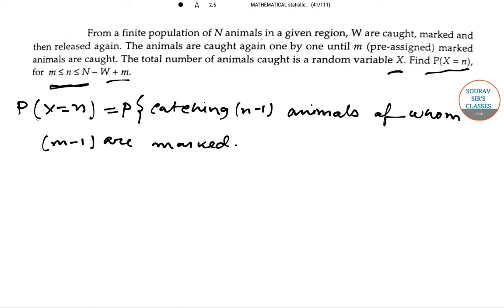So we have found that probability X equals n equals the probability of catching n minus 1 animals of whom m minus 1 are marked.